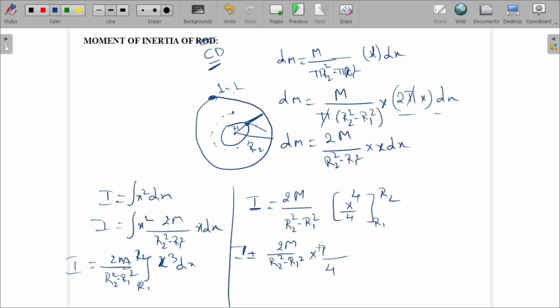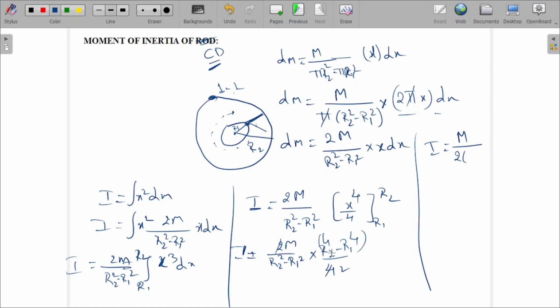Upper limit is r2 power 4 minus r1 power 4. So this will be written as moment of inertia I equals, here 2 ones, 2 twos get cancelled. So 2 will be taken out. So M by 2 into r2 power 4 minus r1 power 4 over r2 square minus r1 square.